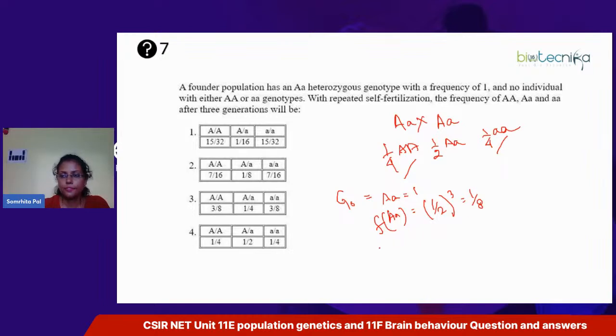And the frequency of the homozygote dominant is equal to the frequency of the homozygote recessive, and this will be (1 minus 1 by 8) by 2, that is 7 by 16. So exactly, Suzanne, Sunshine, Anchal, Surrender, you are absolutely right. The correct answer is option 2. Very good.